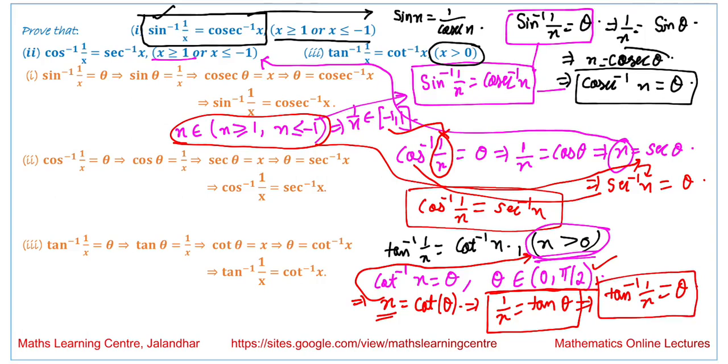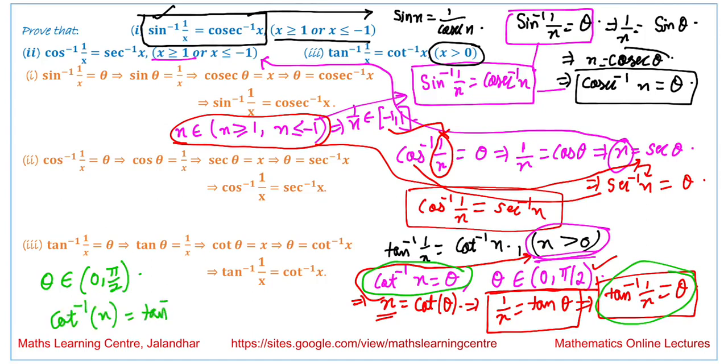Now comparing these values, theta is equal to cot inverse of x, and theta is equal to tan inverse of 1 by x. For theta in the interval 0 to pi by 2, we have cot inverse of x equal to tan inverse of 1 by x, and this is what we had to prove.